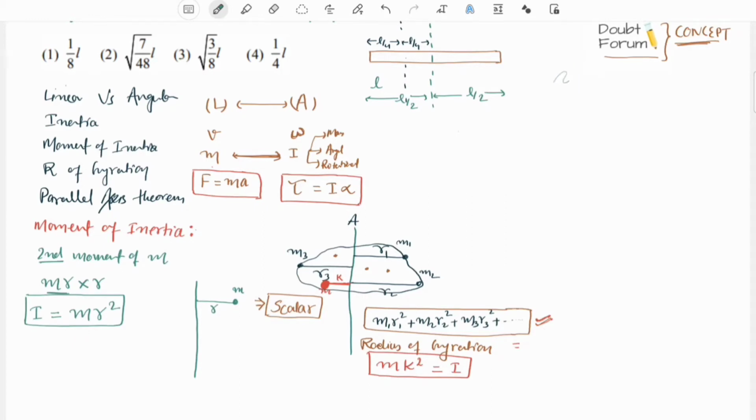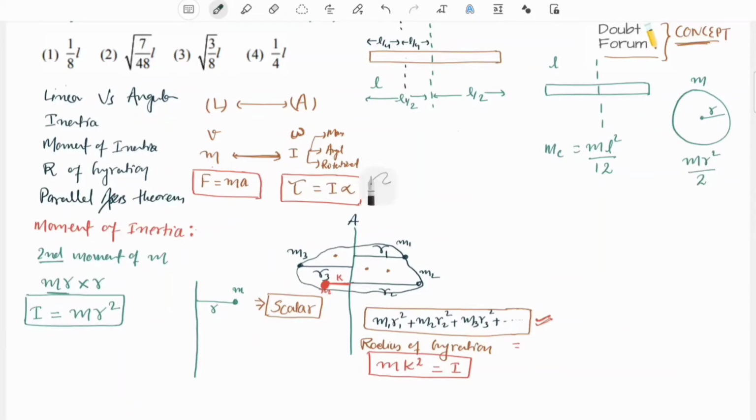For example, for a cylindrical rod of length L, the moment of inertia about the central axis would be ml square upon 12. Similarly, for a disk of mass m and radius r, the moment of inertia is mr square by 2, sorry. I would also explain how this formula came at the end of the question, because it would make the solution very long.